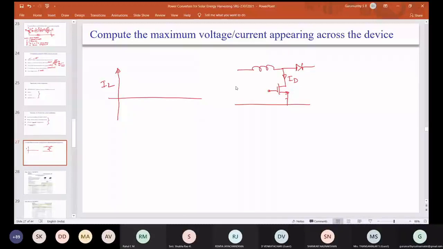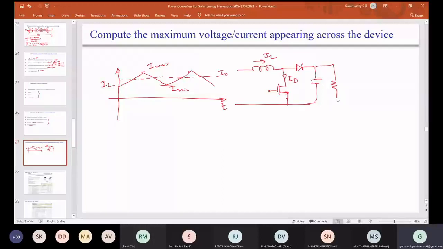You just recall what we discussed in the earlier part of this presentation. So this is your I minimum, this is the I maximum, and this is IO. This is the capacitor, this is the load resistor RL, and this is IO.